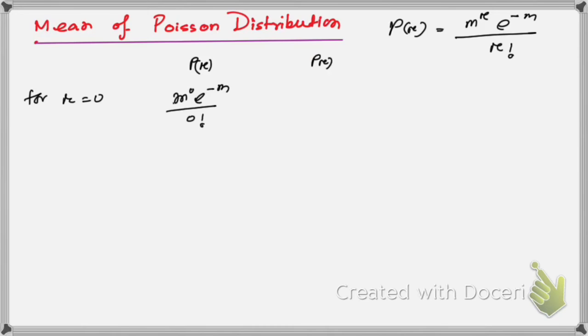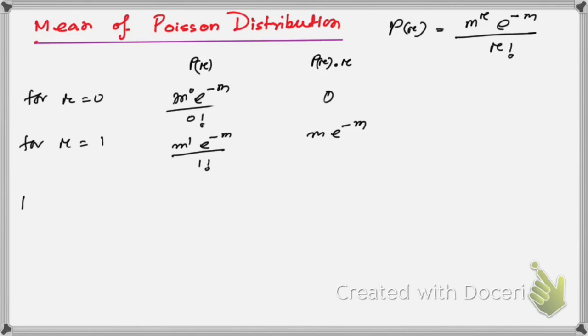Then P(r) into r will be 0, right? If you multiply this by 0, you will get 0. Now if you put r equal to 1, factorial 1 is 1 simply, so you will get this.